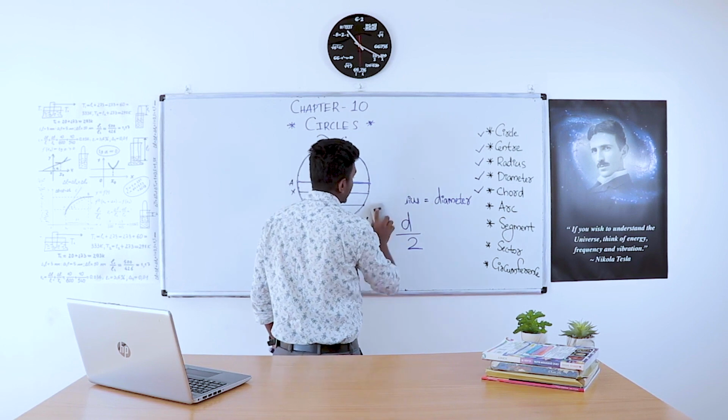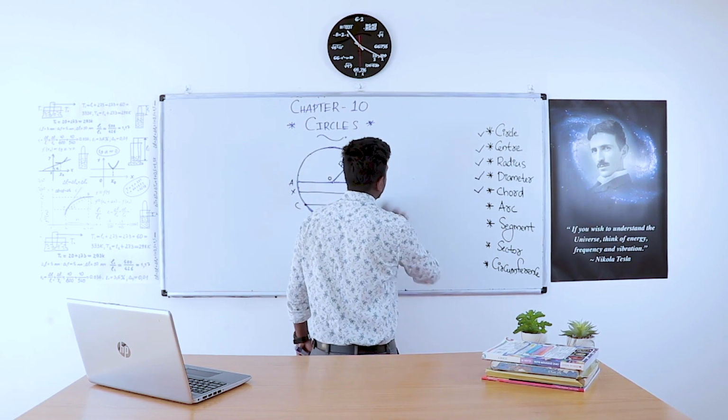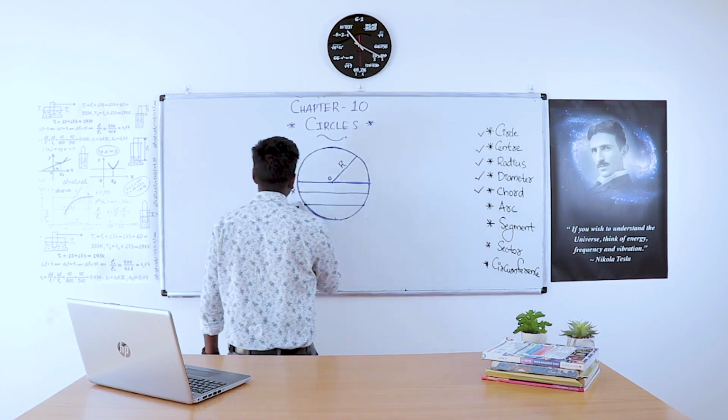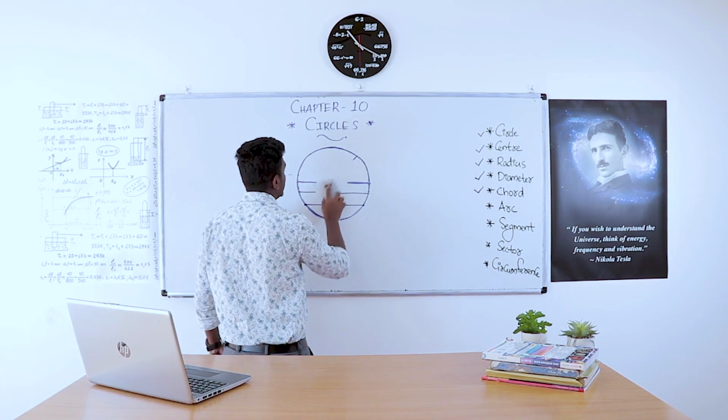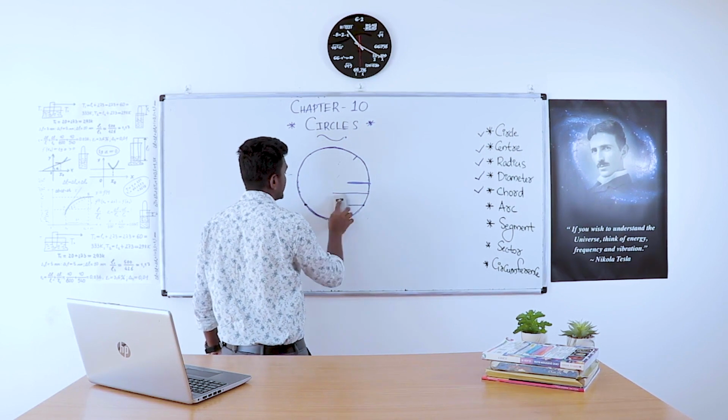The next term related to circle is arc. So now I am going to explain what you mean by an arc.